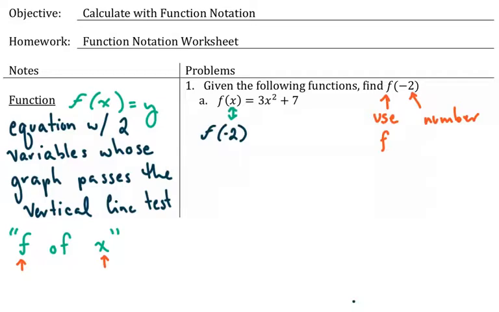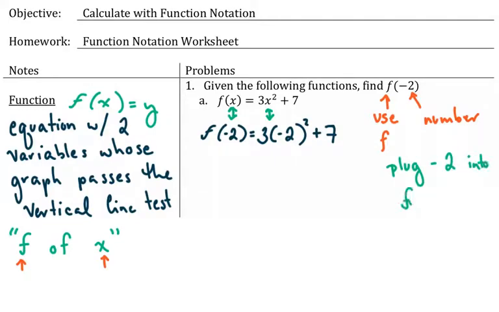And if we change x on one side to -2, we have to follow the golden rule and change it on the other. So that just means that now it's 3 times -2 plus 7. This is all it means. It's a very weird looking notation the first time you see it, but all this means is plug -2 into the function named f.